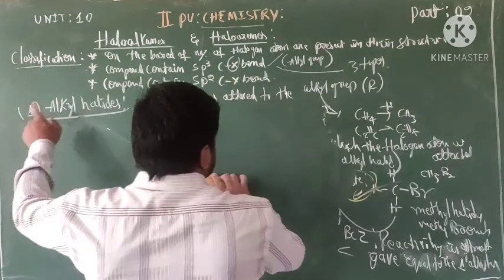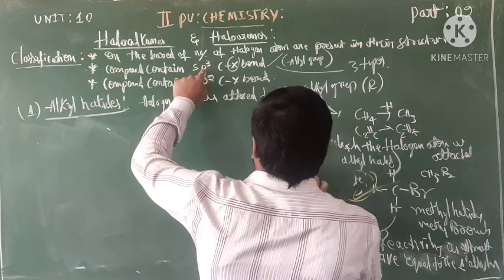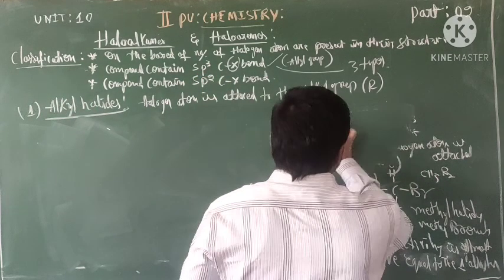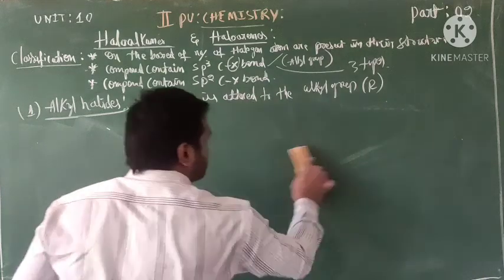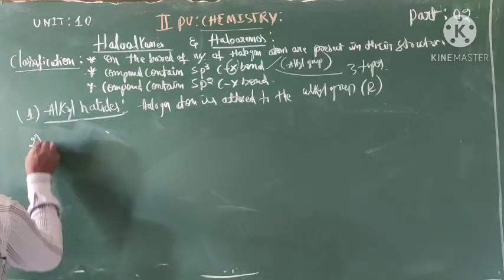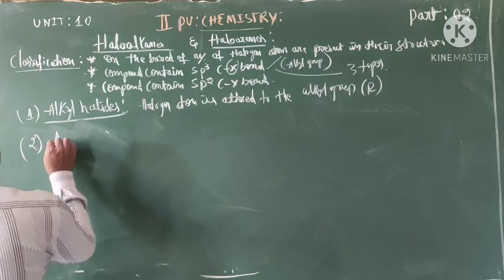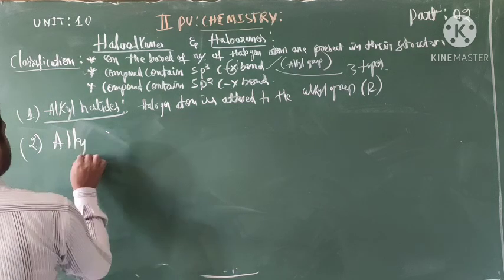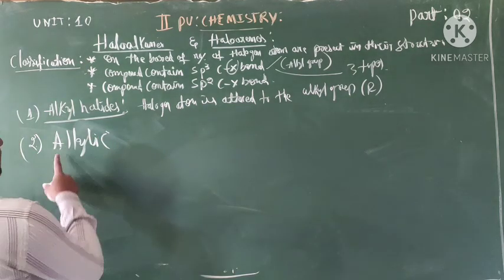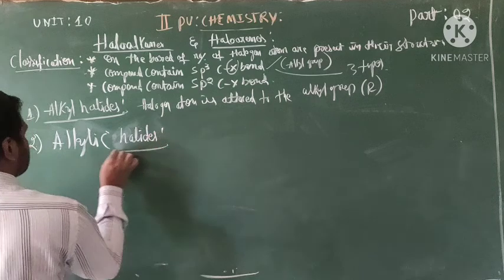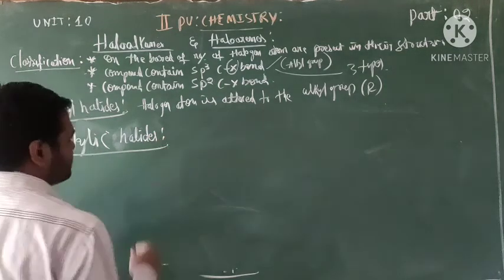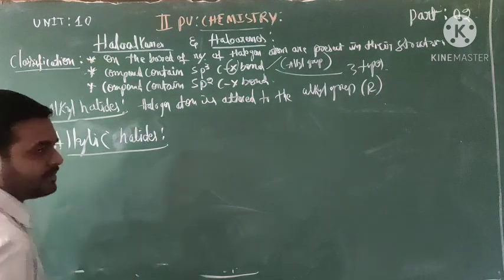Now the second type, sp3 C-H bond. The second one, allylic halides. Okay, let's see the example.